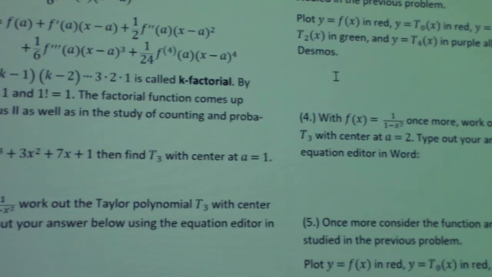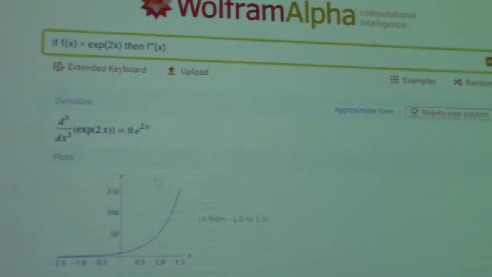Oh, number 3, you're supposed to actually visualize the... I'm going to have to put this away here. To do number 4, you'll want to plug in the number 2. So check this out. If I do 1 divided by 1 minus x squared and say f prime of 2.